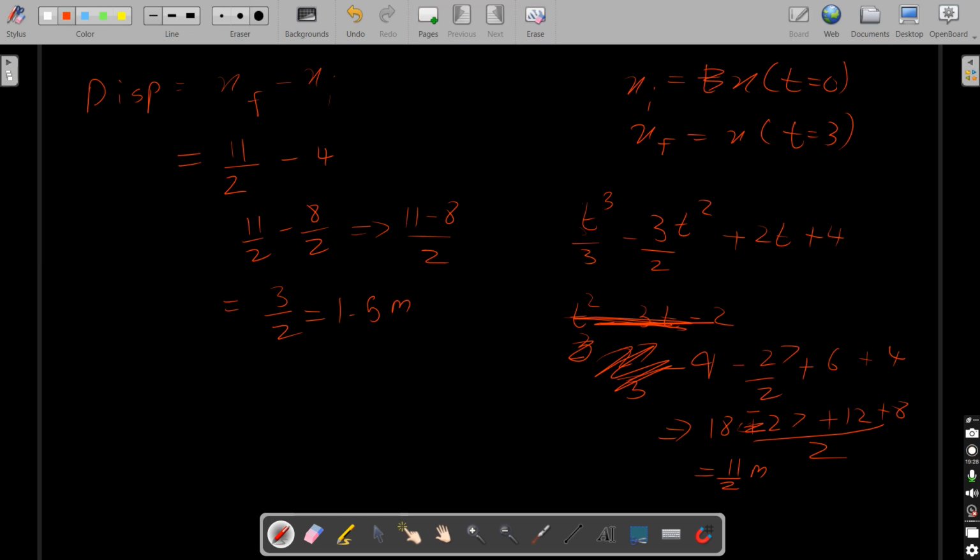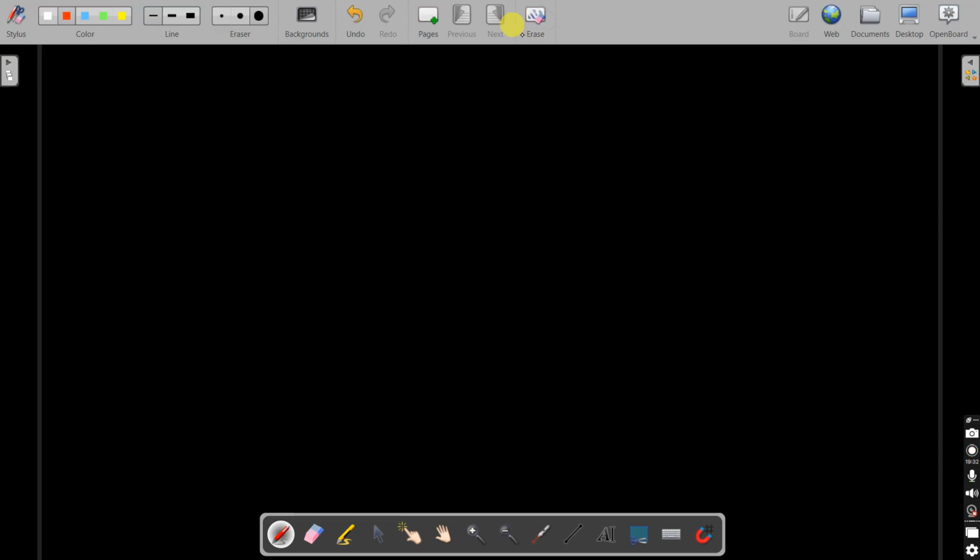So now the G part of the question, we have to find its distance. So distance is nothing but the total path. We have to find the position when t is equal to 1 second, position when the time was 2 seconds, and so on.